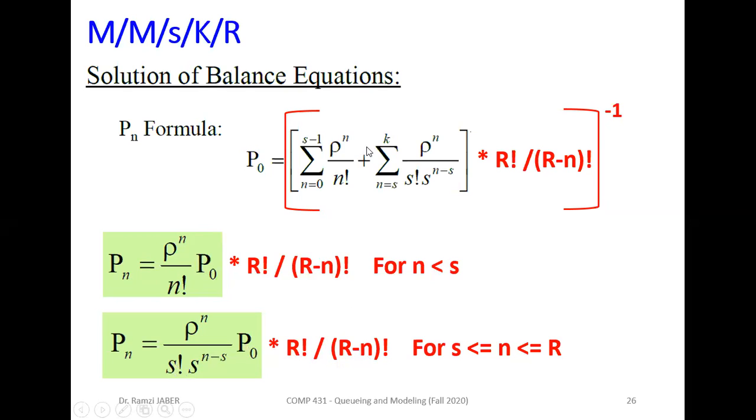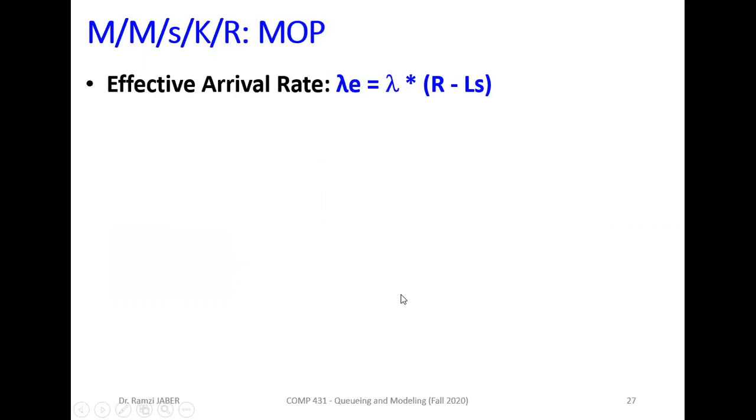So these equations, this P0 and Pn here and here, are the same equations as for M/M/s/k/R. In R, we multiplied by this factor, R factorial over (R minus n) factorial. Okay? This is how we calculate. Okay, MOP. Effective arrival rate, lambda E equals lambda times (R minus L or Ls).